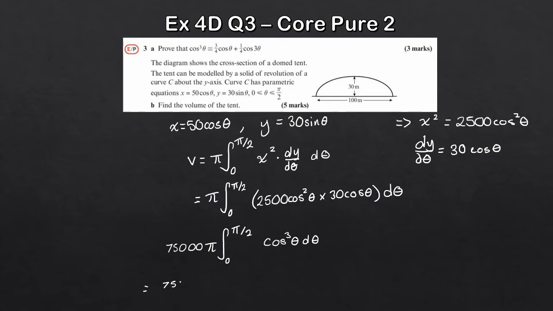So that's 75,000 pi over 4 times this integral again, which is basically now 3 cos theta plus cos 3 theta. At this point, this is just a nice easy integral to work with. So again, do it term by term. This 75,000 pi over 4 will remain at the front.